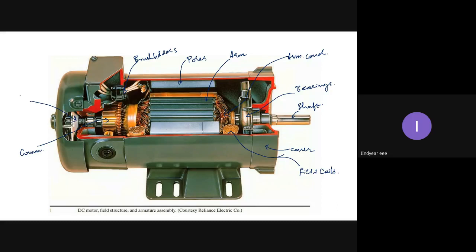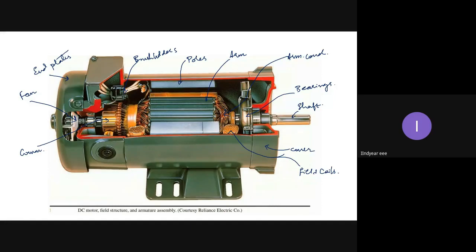This is the fan. These are end plates. Lots of other fixtures are there. Rivets, nuts and bolts, screws are there. These are the parts of a DC motor or any motor.